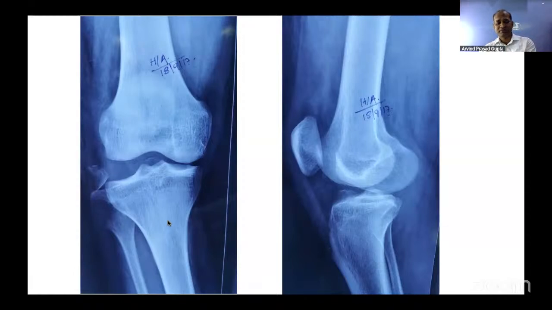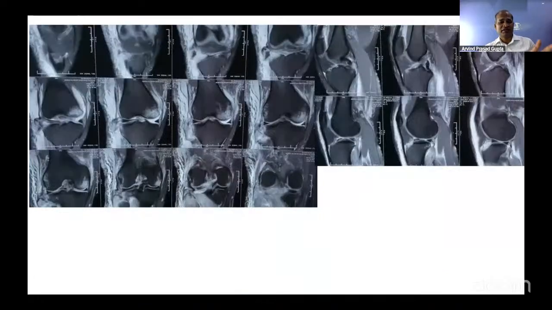But no, there was something associated, and this was confirmed with the help of MRI. Whenever there is a chance of getting an investigation like CT or MRI to confirm your diagnosis, always do that. Your planning and treatment will be 100% sure when your diagnosis is 100% confirmed.